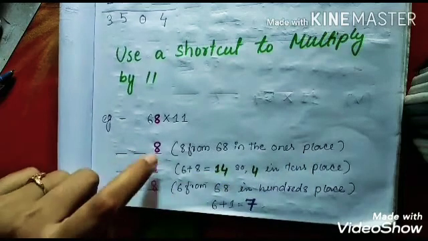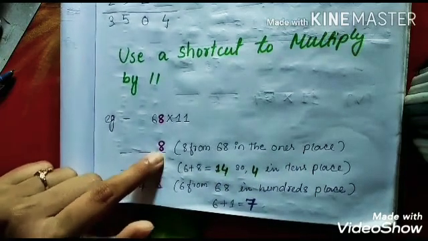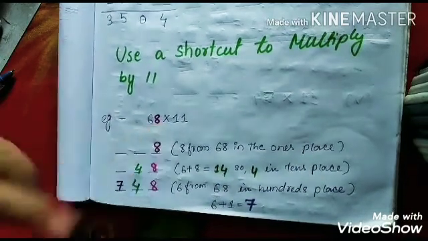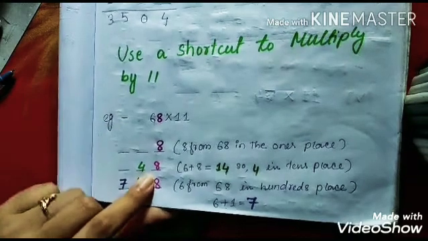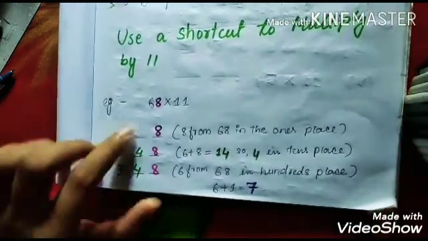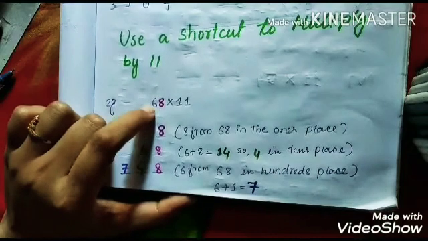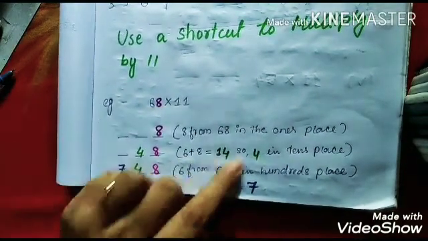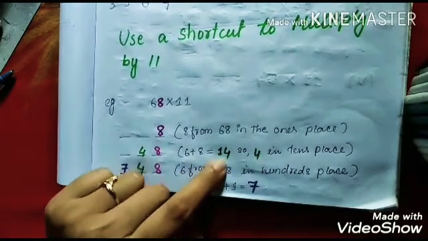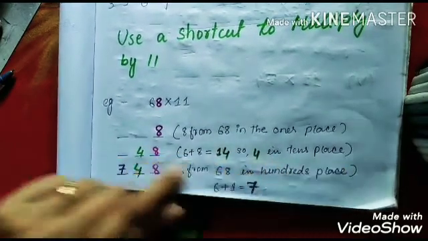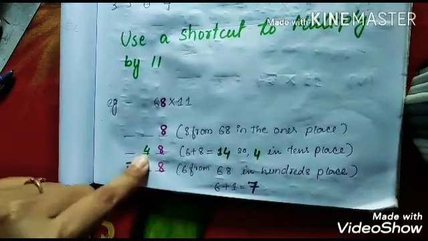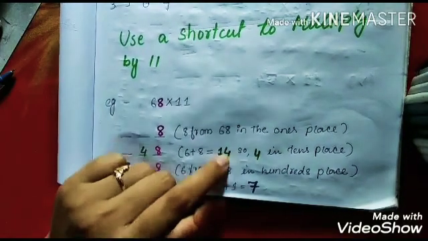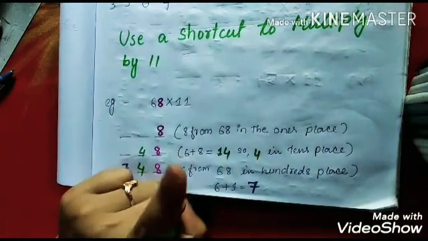In the second step you have to do the sum of the two digits. Here you can see 6 and 8, so you have to add them. 6 plus 8 equals 14. So from 14 we'll write 4 in the tens place. So you can see I have written 4 in the tens place, and as we're writing 4 here, we have carry 1, right students?